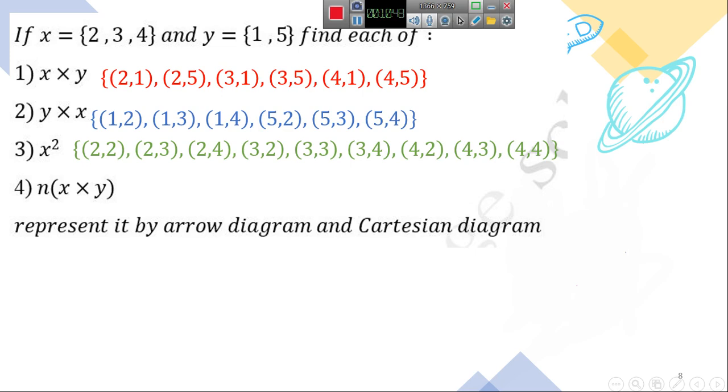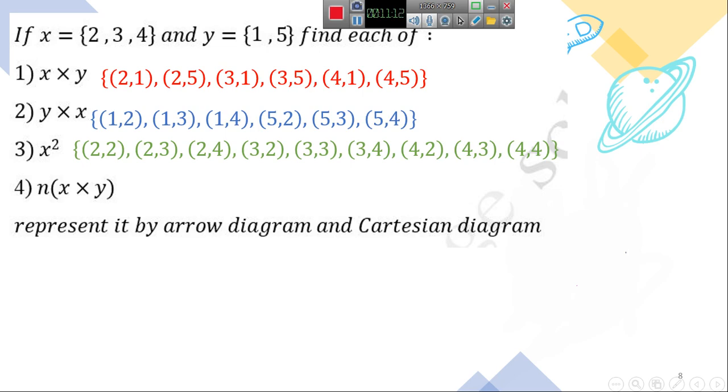What about the other example, n of x cross y? What does it mean? N here represents the number of elements. It is asking you about the number of elements, how many ordered pairs of x cross y. X cross y, as you see, we have 1, 2, 3, 4, 5, 6 elements.